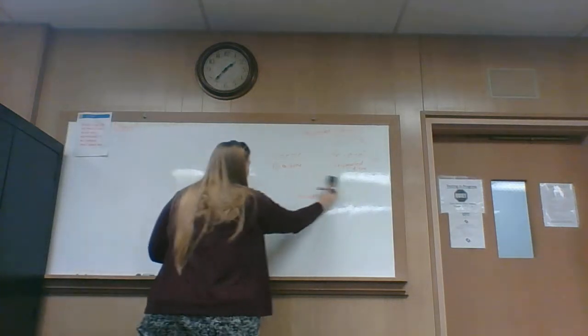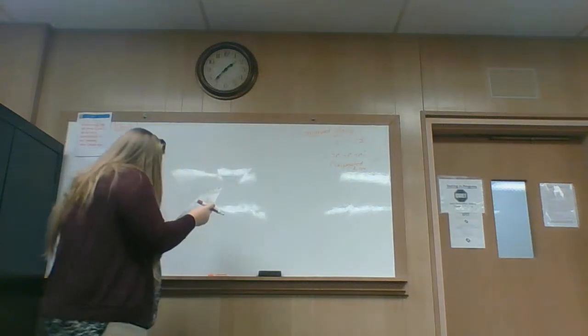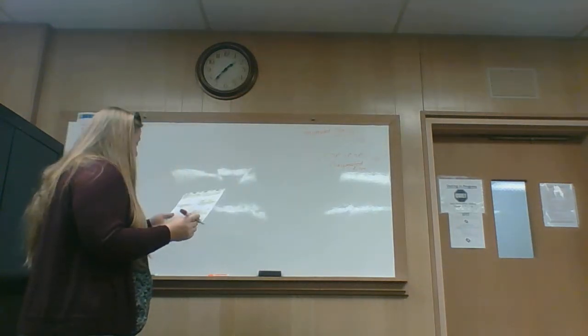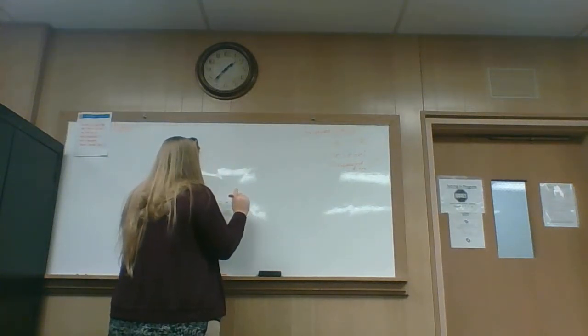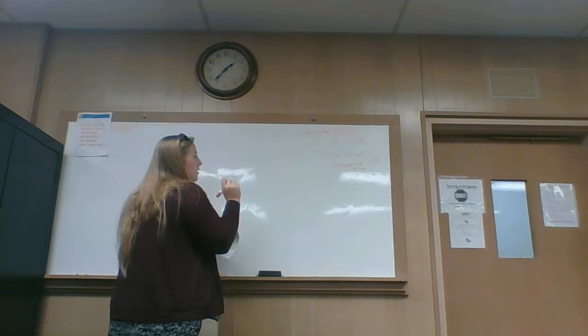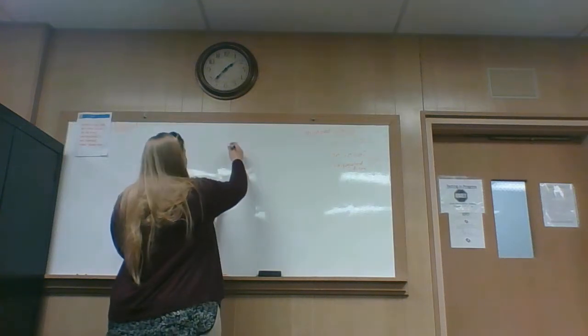So we're going to talk a bit more about conjugated dienes specifically. So when you make a cation from a diene, so let's see here.